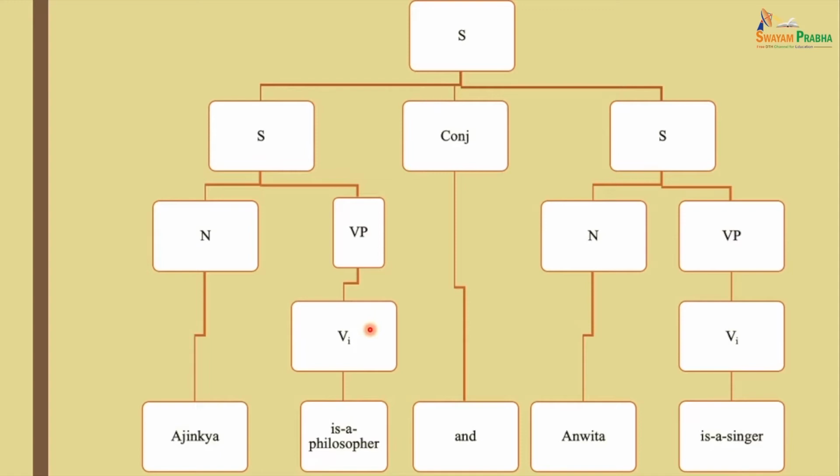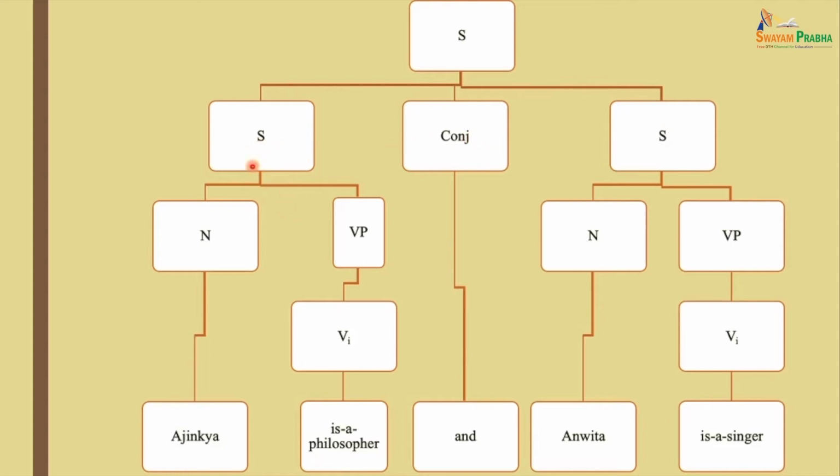And then this is slightly more complicated. Our sentence is "Ajinkya is a philosopher and Anvita is a singer". How to derive it? Now we take another root which we haven't tested, S conj S, right? It could be neg S or S conj S or N VP. So we have taken this S conj S root.